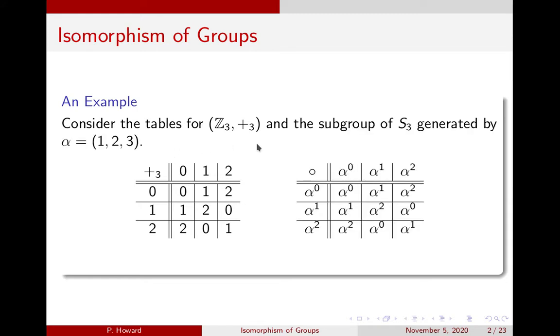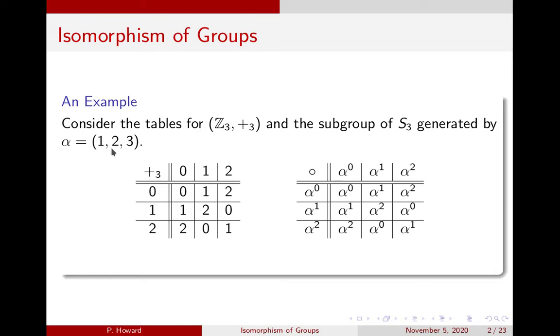The other group is the subgroup of S sub 3 generated by the cycle alpha of length 3 that I have written here. Alpha is the cycle 1, 2, 3. So remember, S sub 3 is the set of all permutations of the set whose elements are 1, 2, and 3.